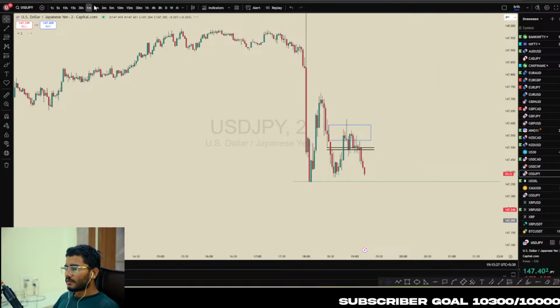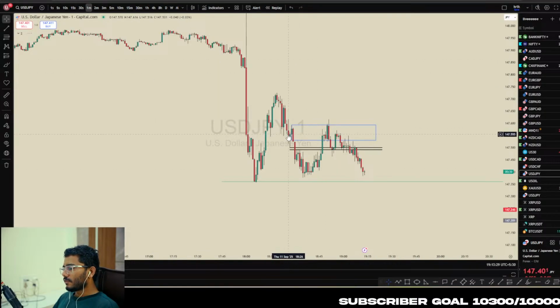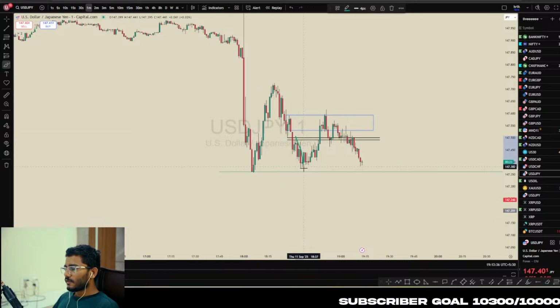Same thing. The direction is different on USD, but it's the same thing. I was looking for this break, but it reacted from this area only.